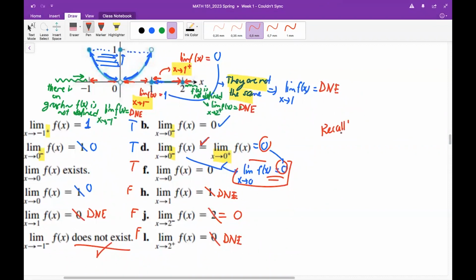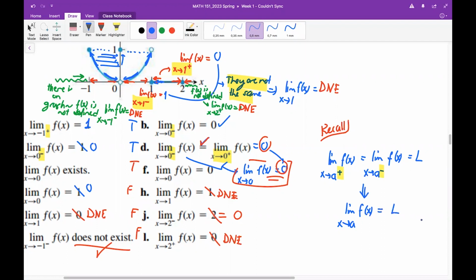What is the most important recall that you need from the lecture videos here? Limit of your function as x goes to some number a from right, if this is the same as the limit of your function as x goes to a from left, if they are the same, let's say, as the real number L, then the conclusion about the overall limit is that your function f of x has the limit as x goes to a as L. It exists and it will be the same number L here.